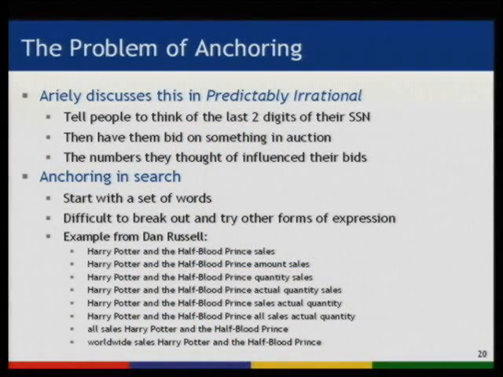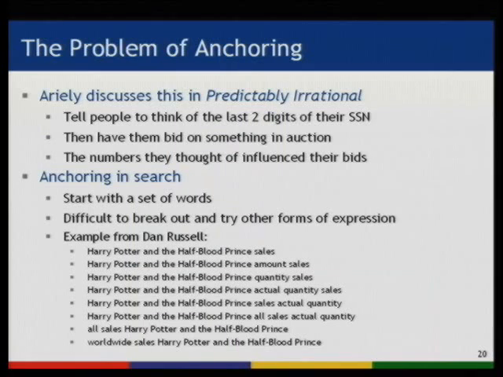But one of the anecdotes is if you tell people to think of the last 2 digits of their social security number, and maybe write them down, and then you give them some objects to bid money on, those who have higher digits at the end of their social security number bid higher numbers than those who have smaller digits. There's this priming effect, also referred to as anchoring, that influences how people think. And there are all sorts of cases like this. It's fascinating. So we could see a similar phenomenon in search.